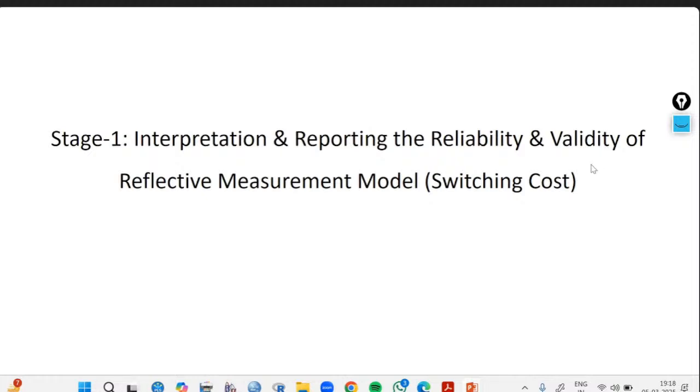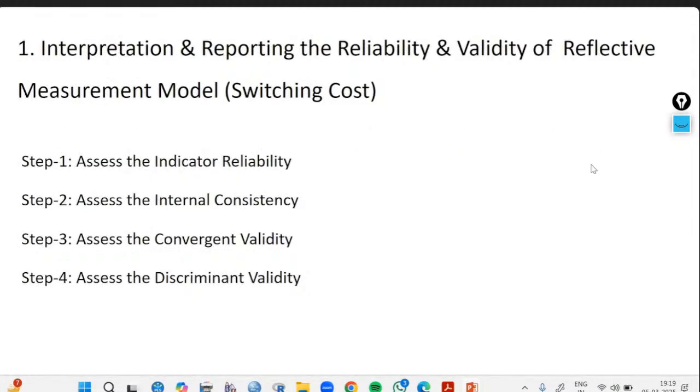We will check reliability and validity of this model. So इसमें validity और reliability के लिए जो हम पहले कर चुके हैं, सेम वैसे ही हमें करना है. अभी देखिए इसमें जो है ये हमारा इंडिकेटर रिलायबिलिटी, इंटरनल कंसिस्टेंसी जो कल किया है वैसे ही करना है.